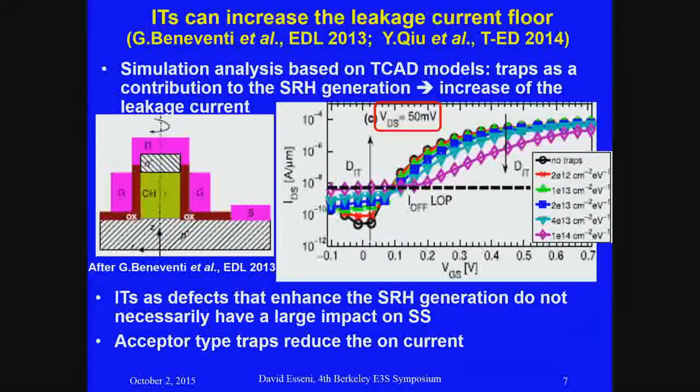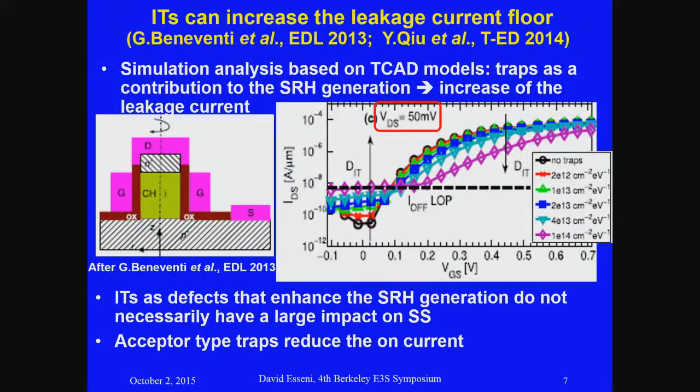And what they have shown is that, for instance, for a very small VDS, when the band-to-band tunneling at the drain is small, and in these TCAD simulations, the leakage floor here was essentially due to a Shockley-Read-Hall generation.